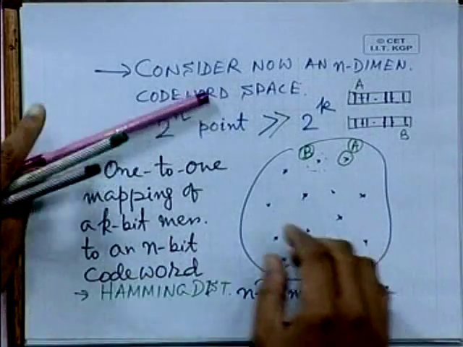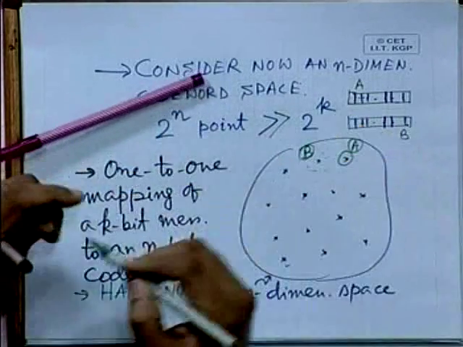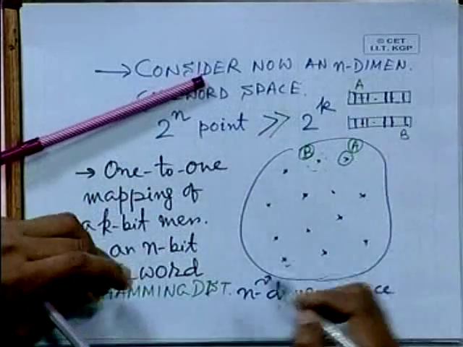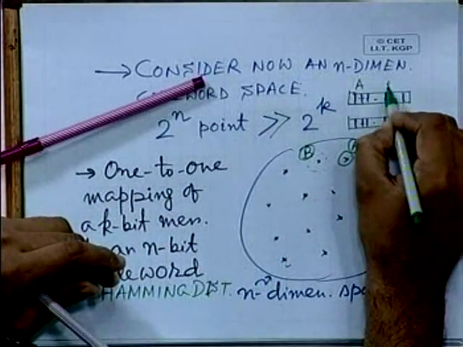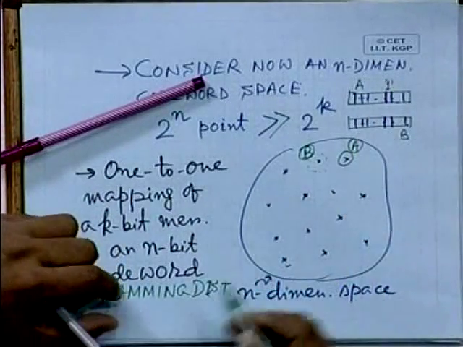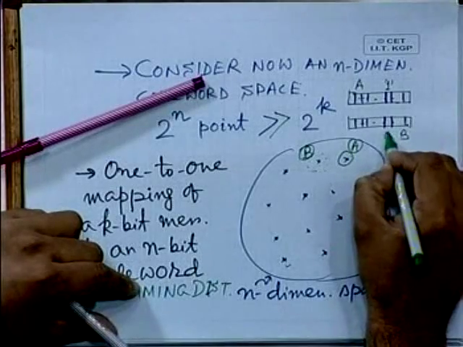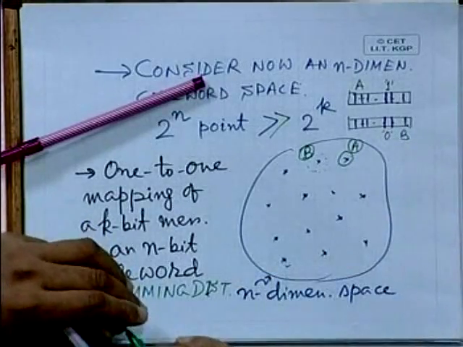Suppose in representation A, that means point A, in this position there was a 1, and in the corresponding position there was a 0 in B, whereas in all other positions they had similar bits. Then we say that the Hamming distance between these 2 code words, or these 2 points in this signal space, is 1.